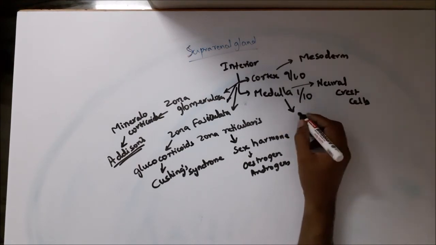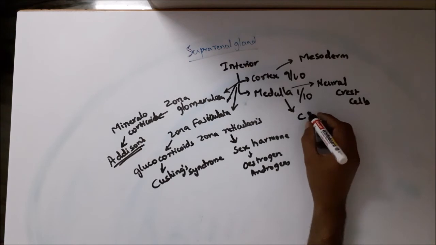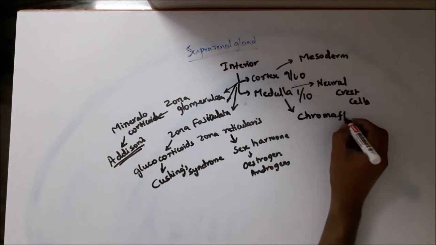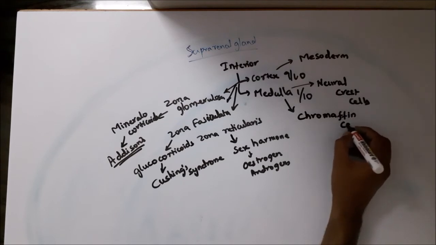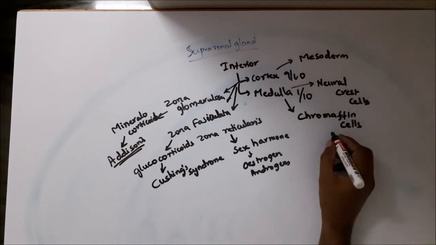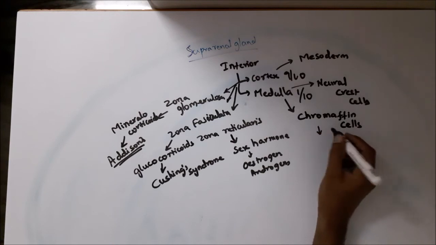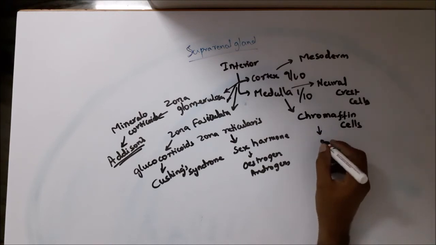Then the medulla is a derivative from neural crest cells. It has chromaffin cells, which have connections with your sympathetic nerves. These are called chromaffin cells because of their staining.